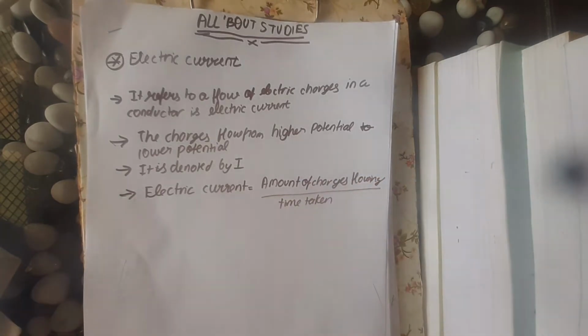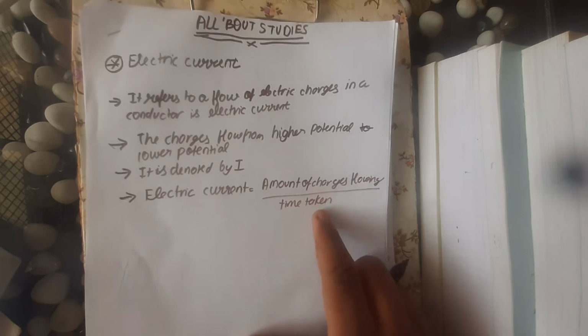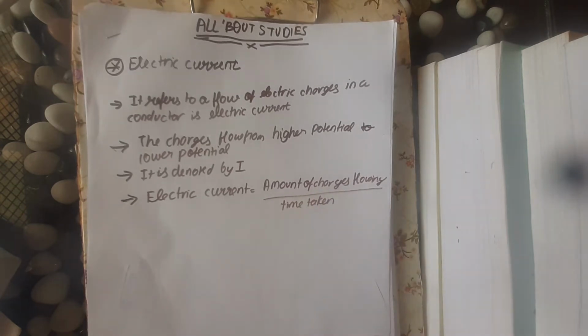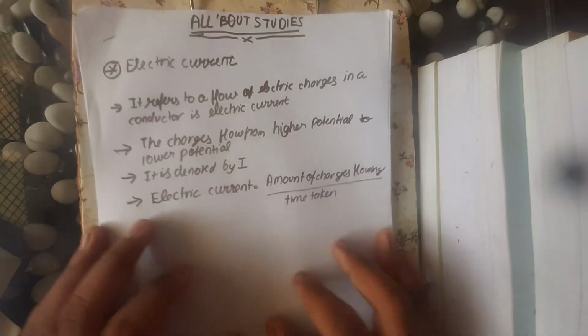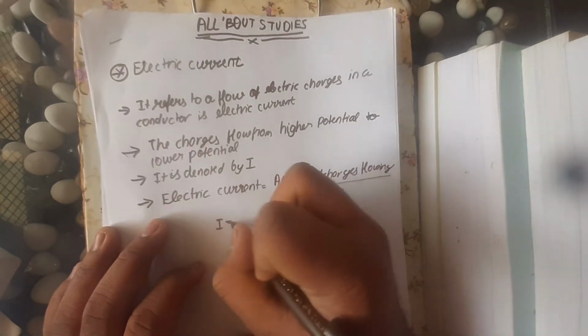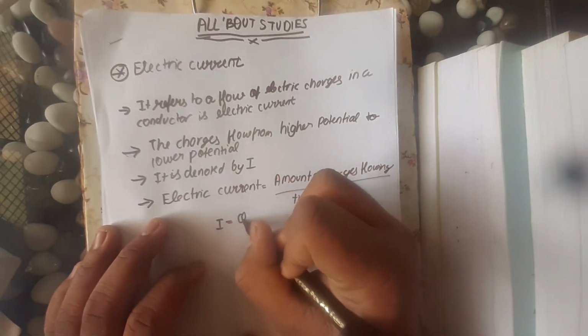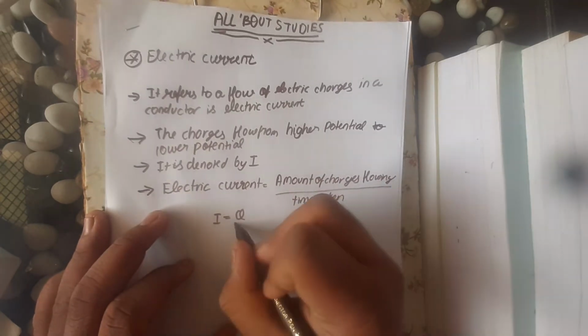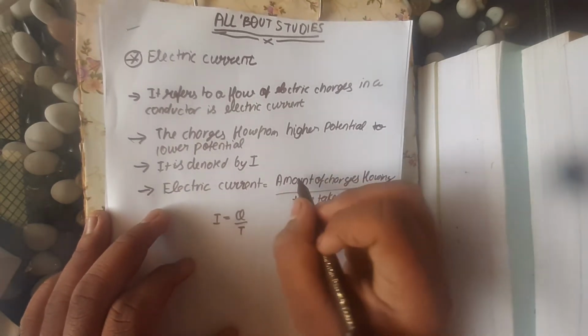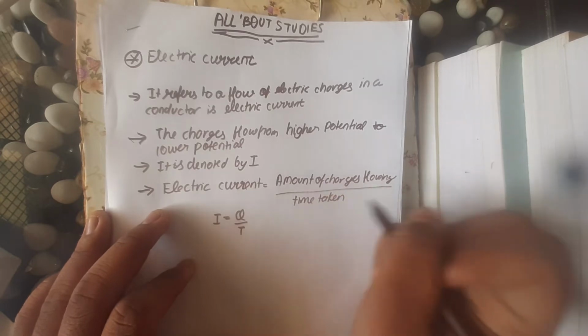Time taken means the complete time that these charges take to move from point A to point B. So this whole process is called electric current. In physics terminology, it is denoted as I is equal to Q by T. Q is the amount of charges and T is the time taken.